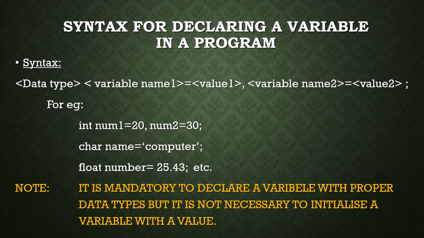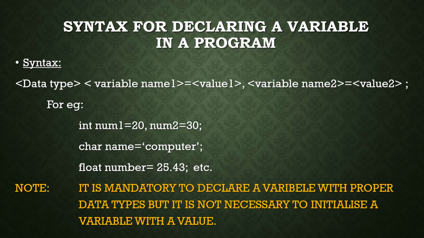Next one is initializing a variable. That means to provide the variable with a value. A variable can be declared and initialized in a single statement. Here I have shown you some examples like int num1 assignment operator value, then comma num2 assignment operator 30.